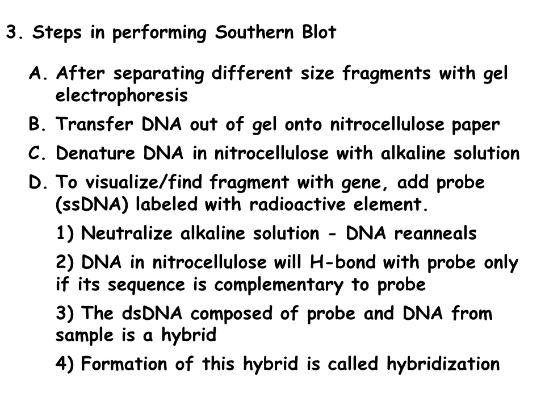You actually transfer all of those DNAs onto something called nitrocellulose paper. And this is just a type of paper that will bind DNA very strongly. Then you denature it so that it's single-stranded. And to find where your gene is, you add a probe that is complementary, labeled with a radioactive element.